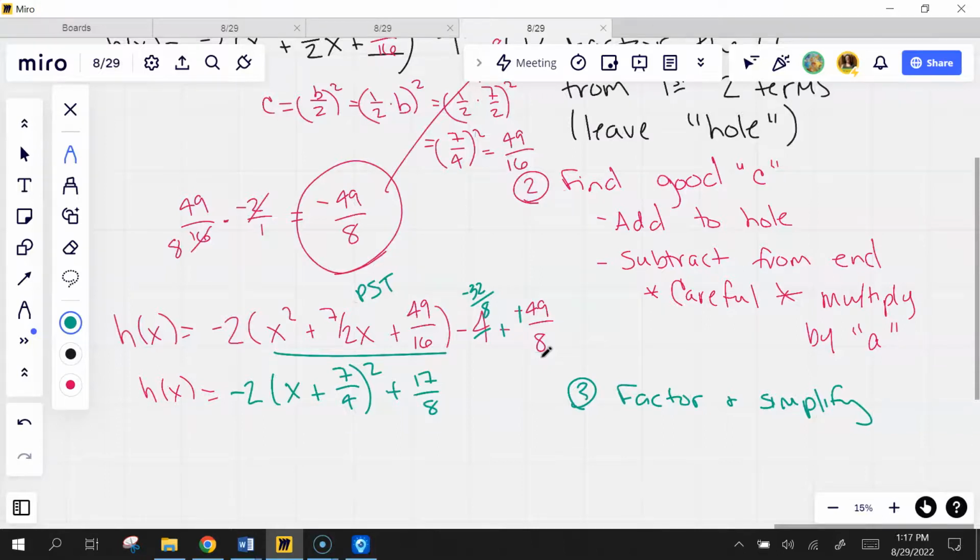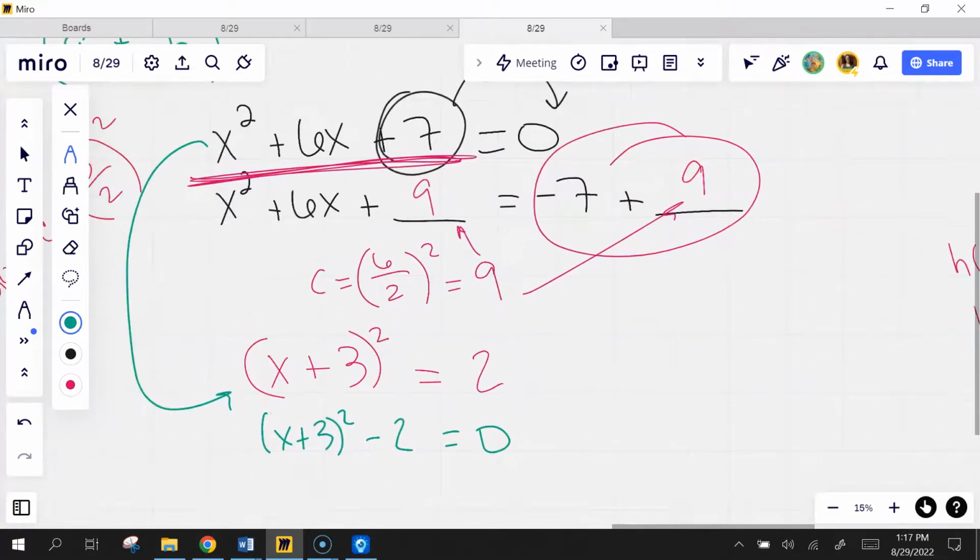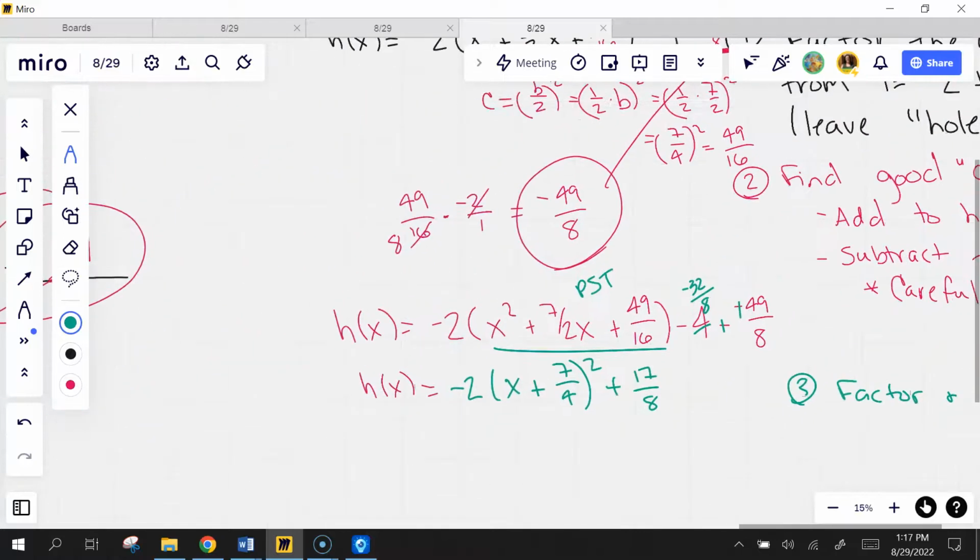So the whole point in the perfect square trinomial is that, remember, it factors like this. The square root of the first, square root of the first, and the square root of the last squared. So I did the same thing. The square root of the first and the square root of the last.